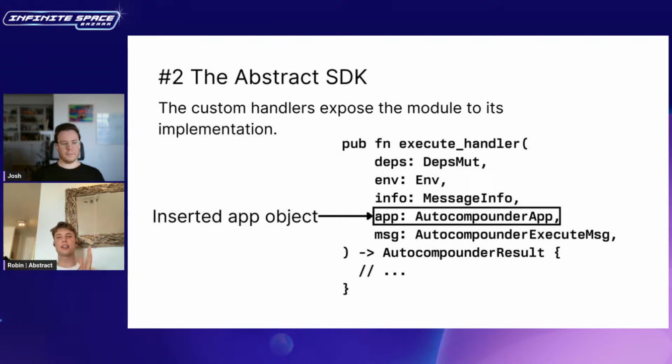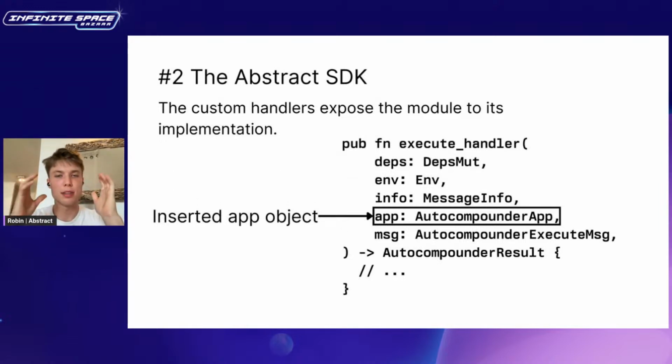The handlers are how you can customize your application. And the unique thing about them is that they have this inserted app object. So if you're familiar with CosmWasm, you should be familiar with the structure of this function. So you have your deps, you have the environment, you have some info, and you have the message.